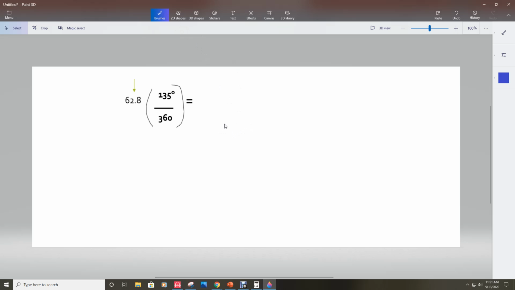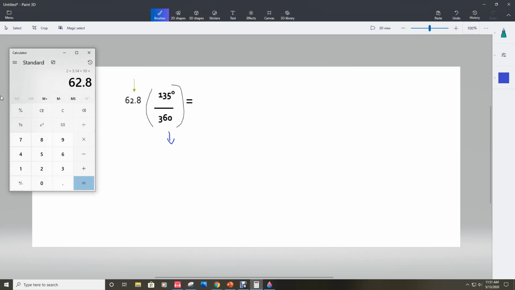Now what you're going to do is, it's going to be best if you solve what this equals, this 135 degrees divided by 360. So I'm going to plug that into my calculator here. Let's see. 135 divided by 360 equals 0.375.